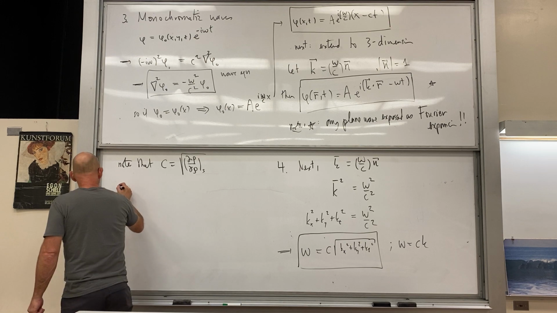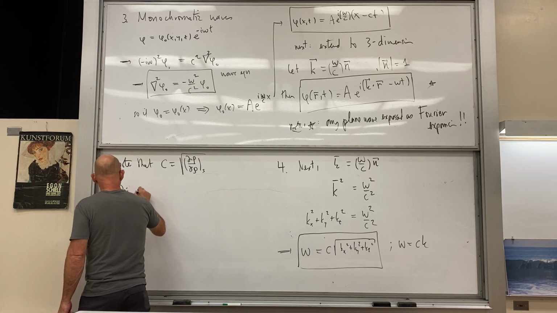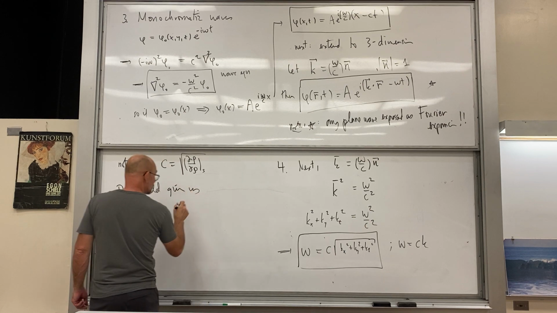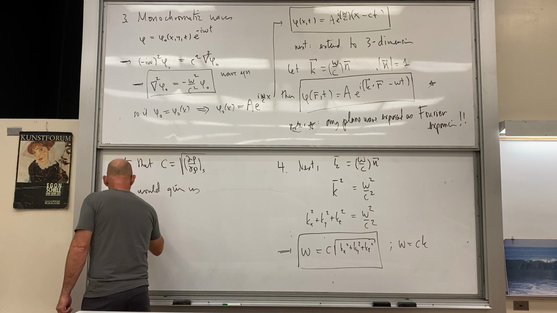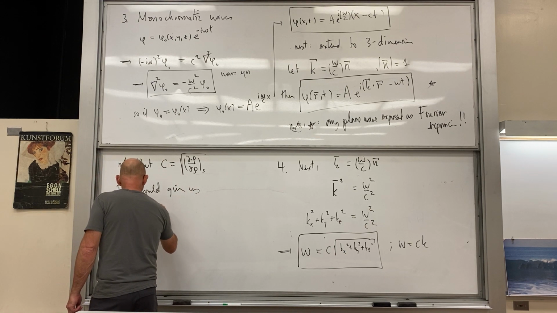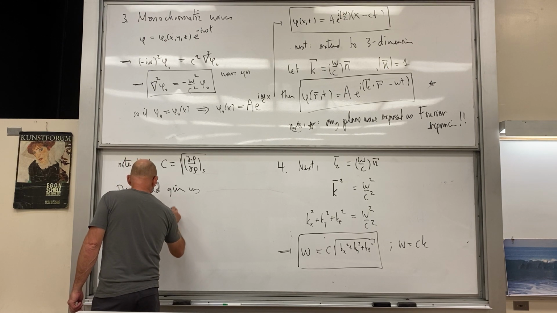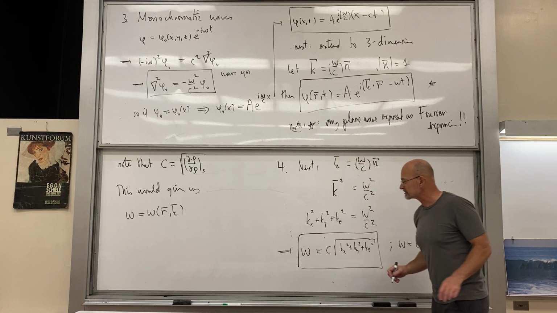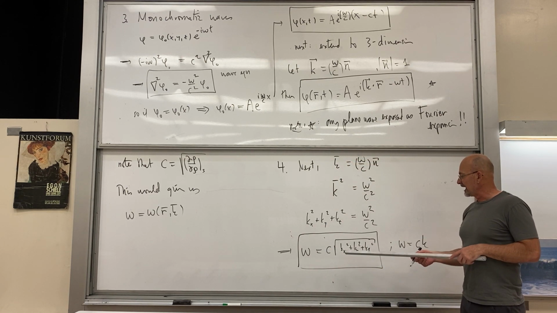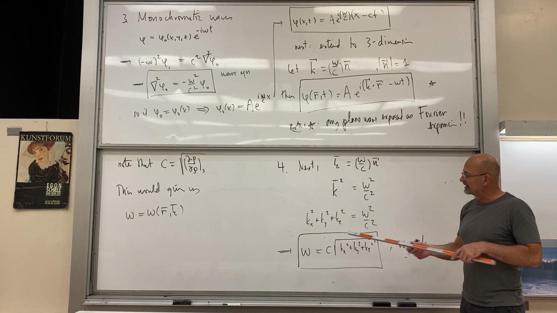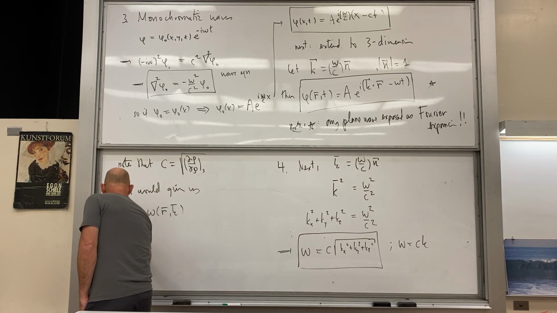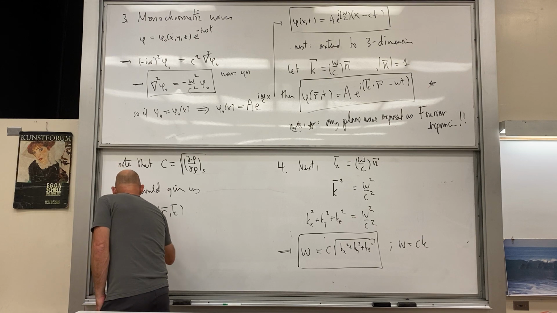This would give us omega being both a function of r and k. And in that case, we have the partial of omega with respect to k.